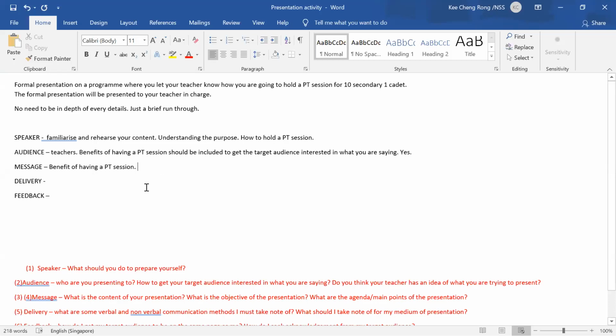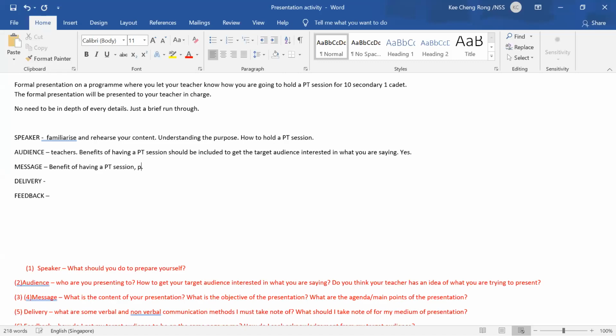Purpose, message. What do you think you'll be presenting? Okay, the advantages, benefits, that's cool. Yes, show them the pros and cons first. Pros and cons, okay. So elaboration of the benefits.